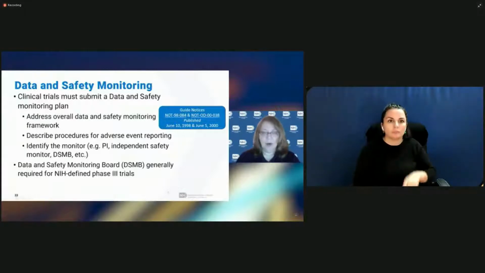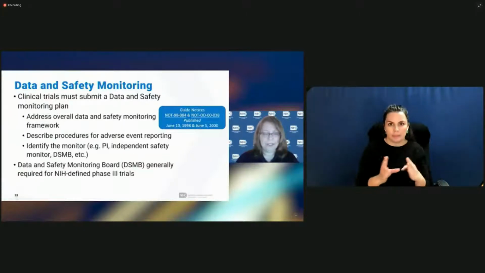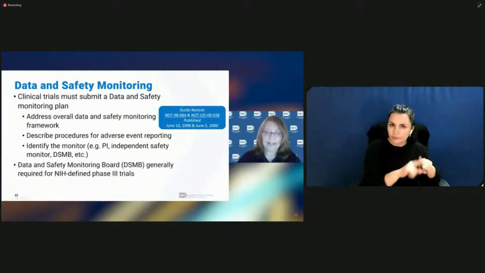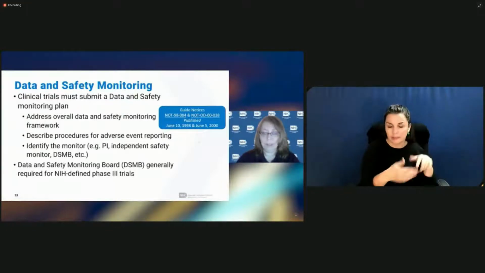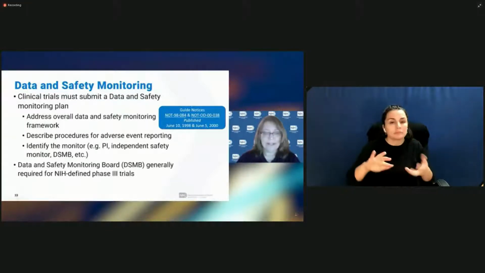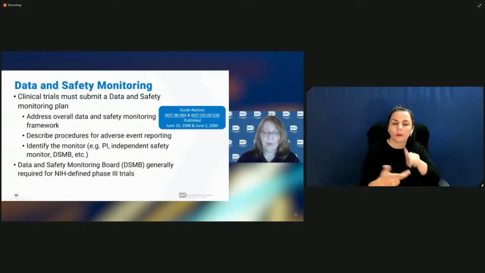Clinical trials also are required to submit a data and safety monitoring plan in their application. This plan has to address the overall data and safety monitoring framework for the study. It has to describe the procedures for adverse event reporting. It also has to identify a data and safety monitor, whoever that might be.